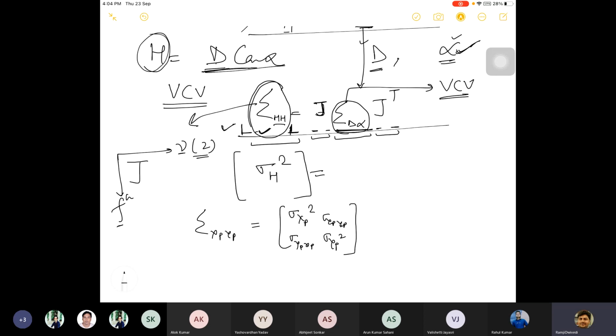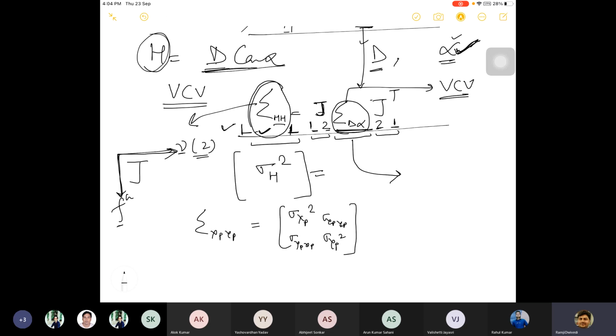On the row side, you move towards variables; on the column side, you go with the function. There is only one function, H equals D cos alpha. That's it. There is no other function. So it would be 1 cross 2. Correspondingly, Jacobian transpose would become 2 cross 1.